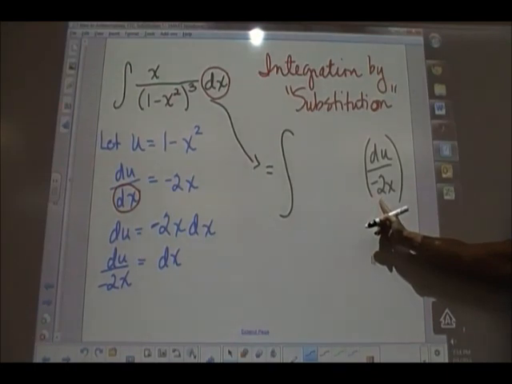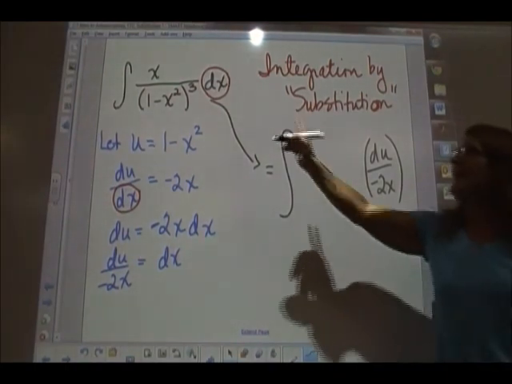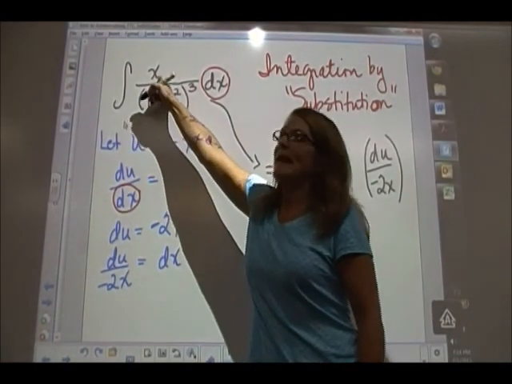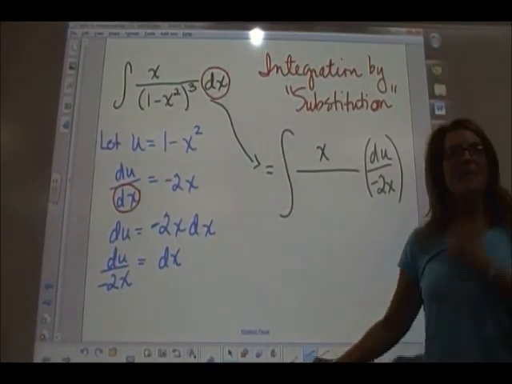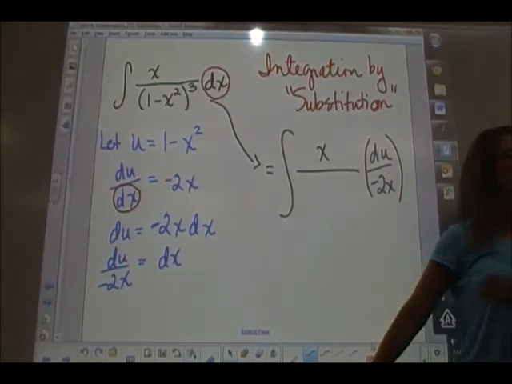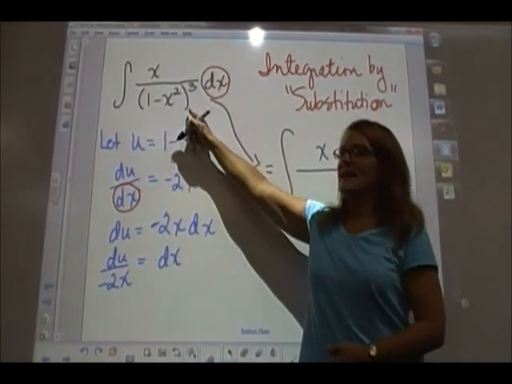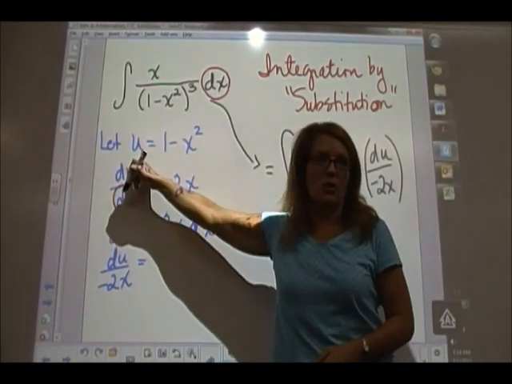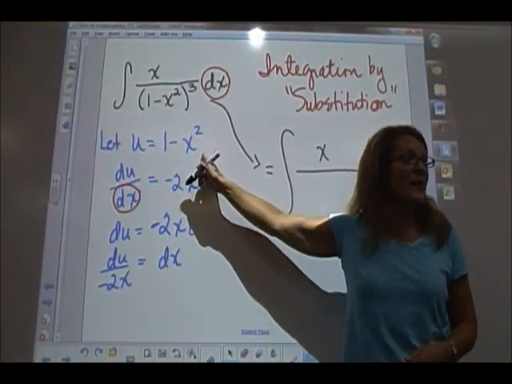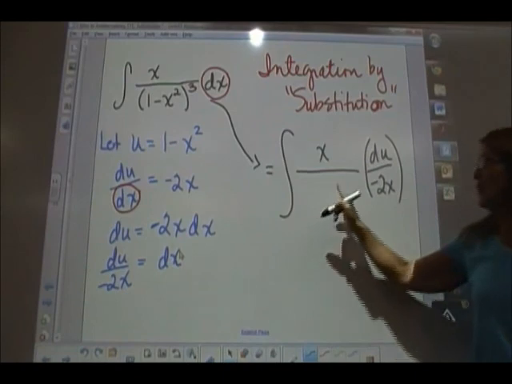That used to be the dx. Now my integrand, I've got an x up top, but on the bottom, where I used to have 1 minus x squared quantity cubed, I've let u be 1 minus x squared. So what should I write here?